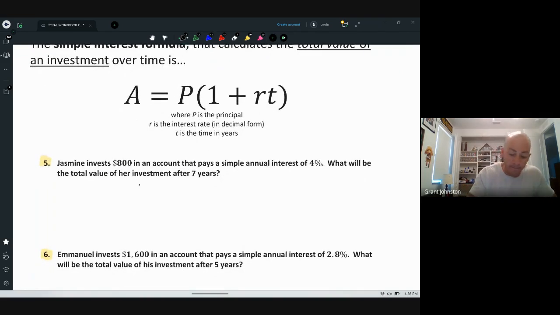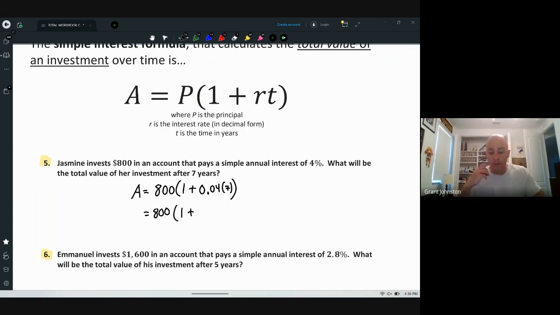So I'm going to write A equals, so P would be 800. 1 plus the rate is 4%, so 0.04 times T, which is 7. So 800, 1 plus 0.04 times 7 would be 0.28.